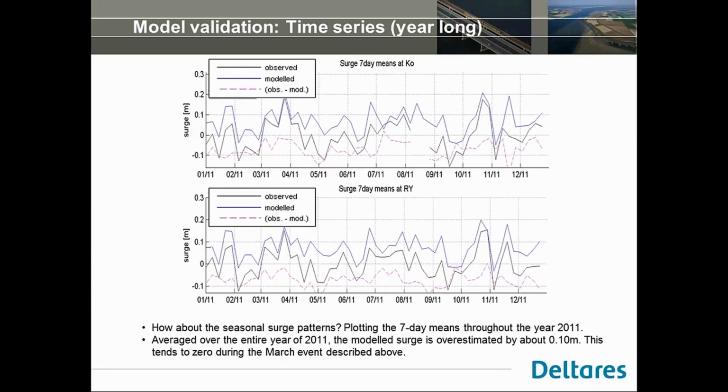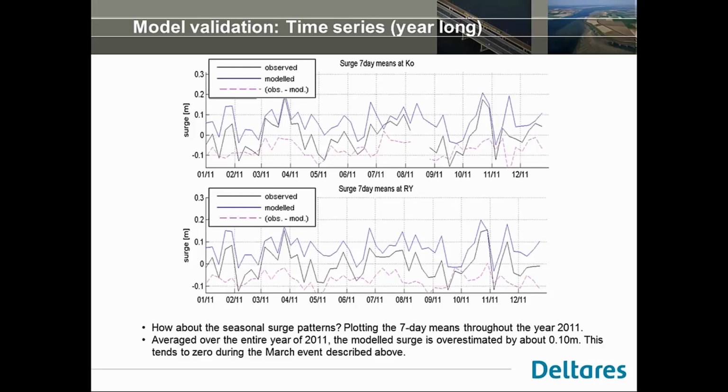The previous slide was about that event, so I think the time series showed 2 weeks. Here we're showing the entire year. So we want to show how biased, for example, the results might be for the entire year. These 2 plots show results at 2 stations, and we have a 7-day moving average of the observed surge, of the model surge, and of the difference between these 2.